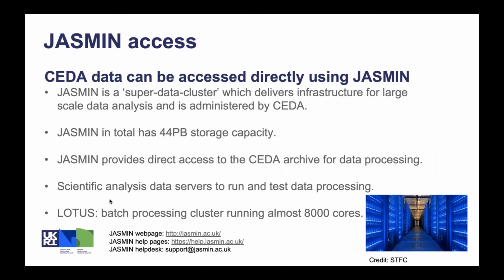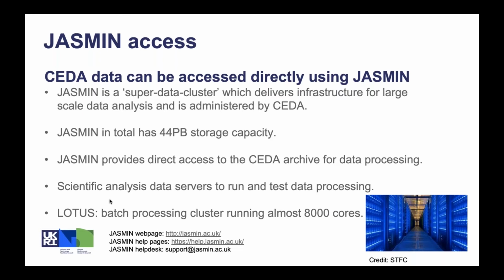Now on to how you can access the CEDAR data directly using JASMIN. JASMIN is a super data cluster which delivers infrastructure for large-scale data analysis and is administered by CEDAR.